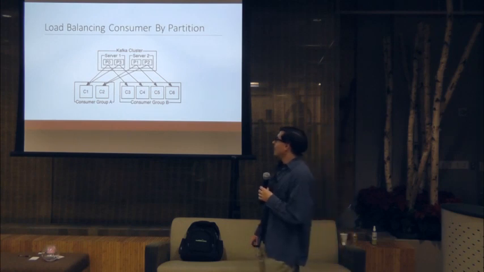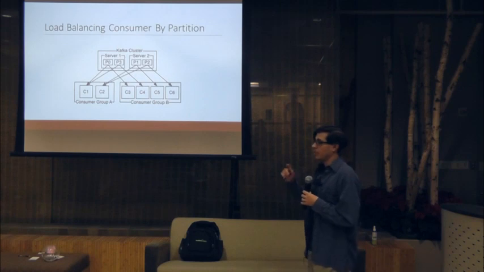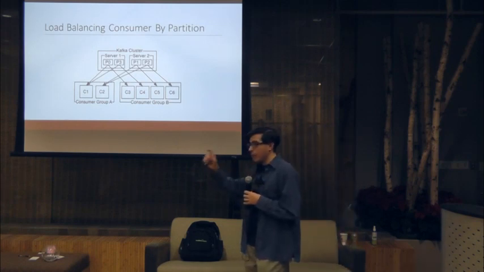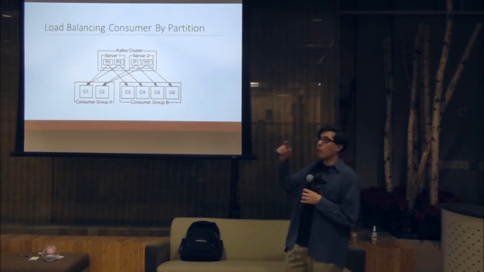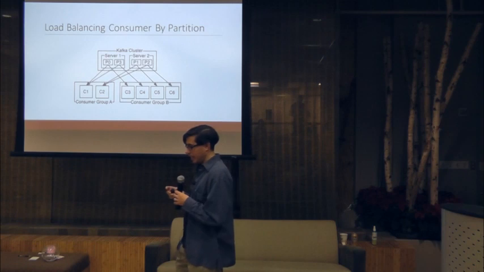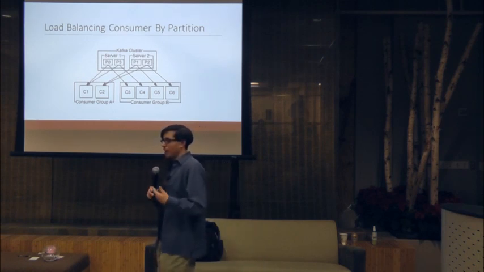Okay, so when you're consuming data from a topic, you're doing more than just consuming data, because what you're really doing is figuring out how that data is going to get processed.